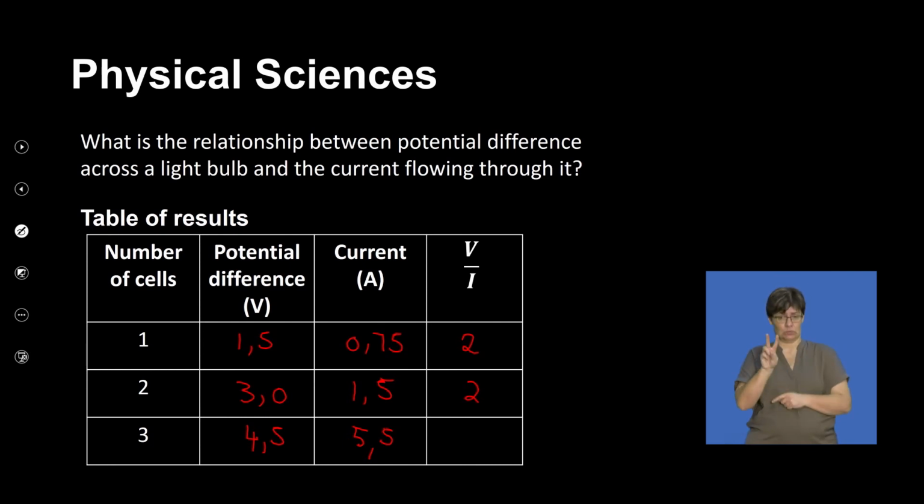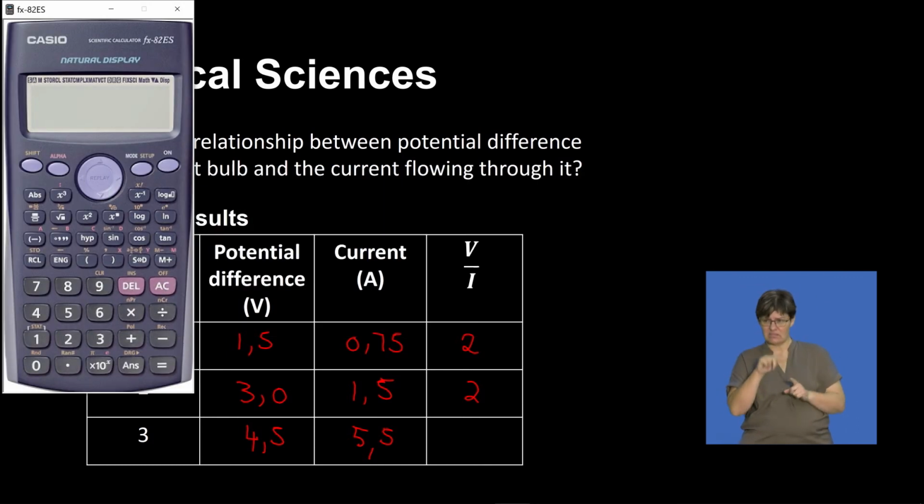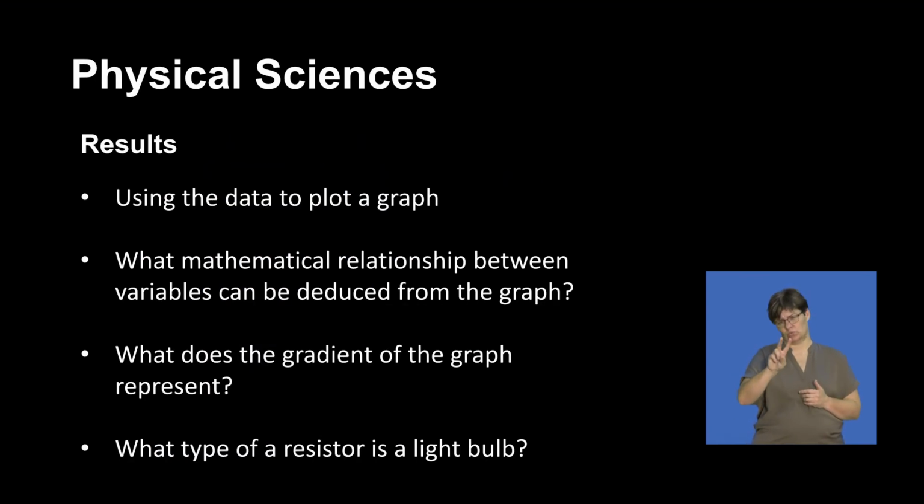However, when we do the 4.5 versus 5.5, let's check how that goes in terms of the ratio. So V is 4.5, okay? Is 4.5 divided by 5.5, okay? All right? We get something like what? 0.81 or 0.82, okay? 0.82, right?